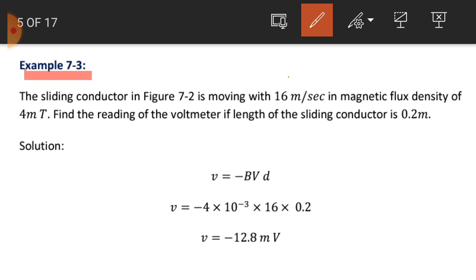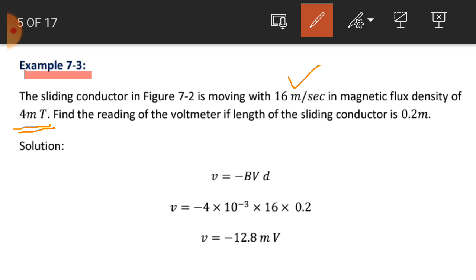So the velocity of the sliding conductor is given to you, which is 16 meter per second. In a magnetic flux density of 4 millitesla, you see the magnetic flux density is constant with respect to time. The strength of the magnetic field is not varying with respect to time.